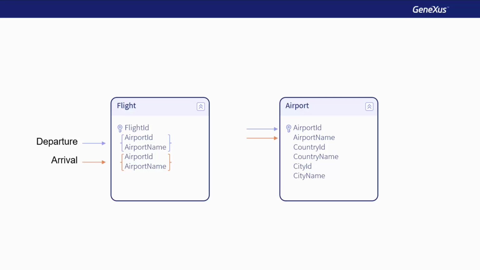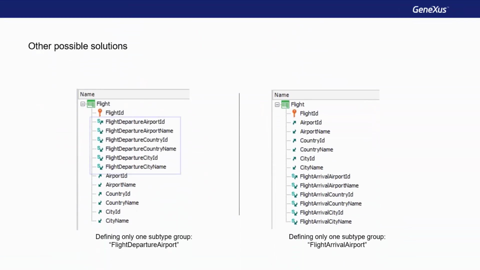To end, it is important to know that also these could have been equally valid solutions. In the first proposal, a single group of subtypes has been defined, the one corresponding to the departure airport, and the supertype attributes were left for the entry of the destination. And this is totally valid.